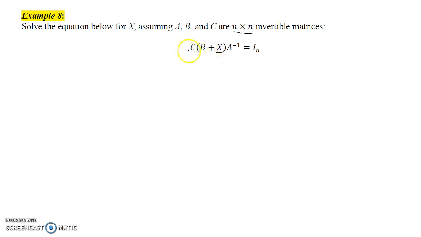So one thing we could do, let's say we want to get rid of this C in the front. We could multiply on the left by C inverse on both sides.